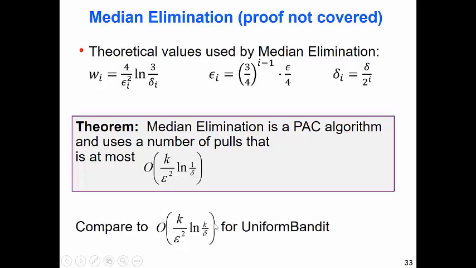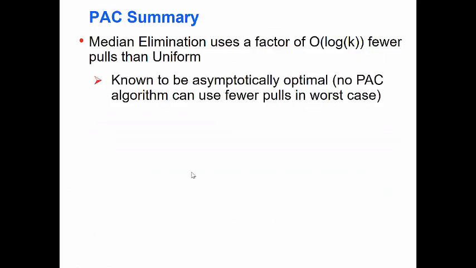And that's similar to the uniform bandit, but you don't have this log k factor. And so it's a small improvement, but it actually turns out that this is the best you can do. So this is theoretically optimal. They show that in the paper as well.